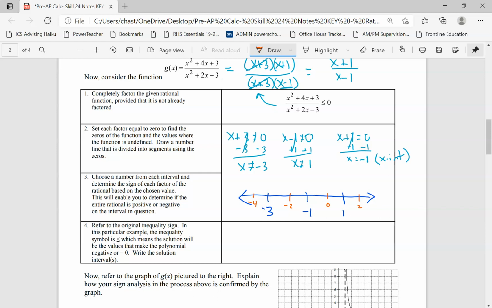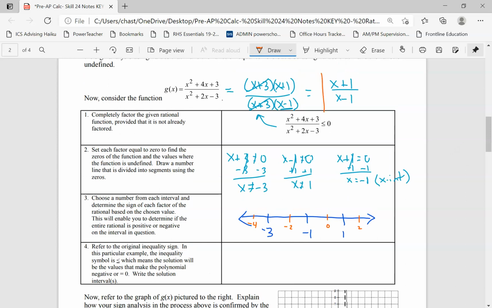All right, now we have to determine the signs. I'm going to use the simplified function, and we're looking to see when it is less than or equal to 0.